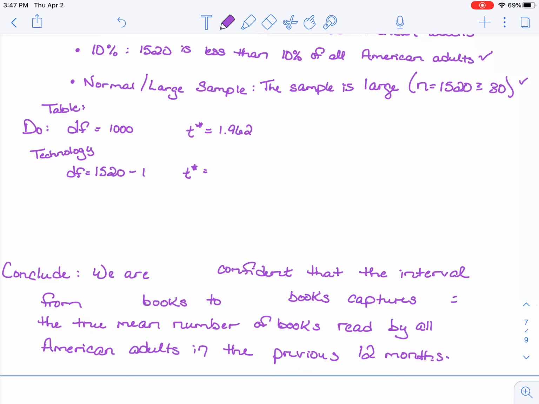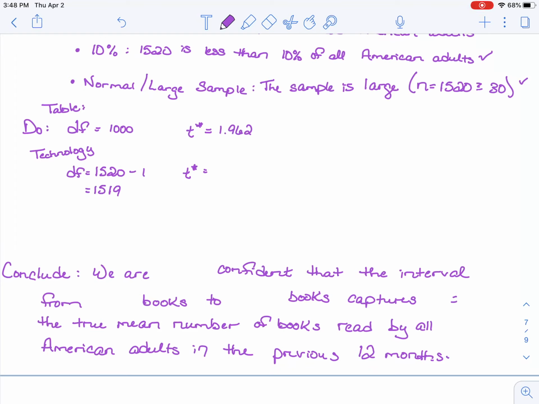Now, if I use technology, my degrees of freedom would be 1,519. So then I'm going to go to my calculator, and I would like to use my inverse t distribution. I'm not going to show you what I'm doing because we already did this once.